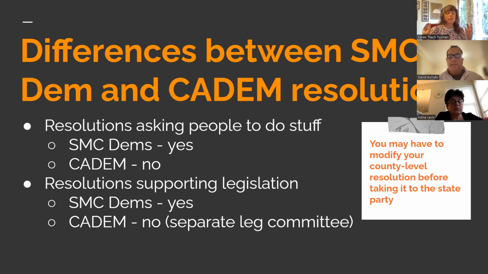So if you got a resolution passed through the county party and you're looking to take it up to the state, and we'll talk about that process in a second, if your county resolution had stuff in it that was asking people to do things, you would need to remove those parts of it for it to be acceptable in the state process.